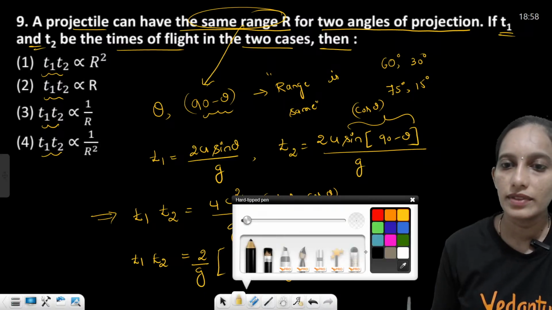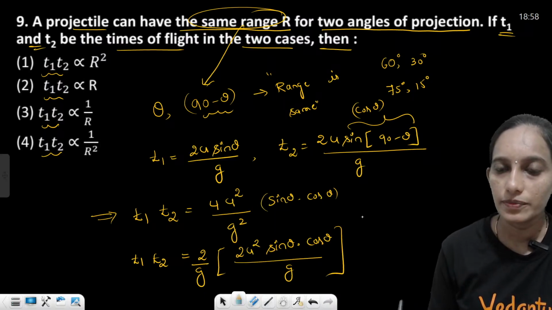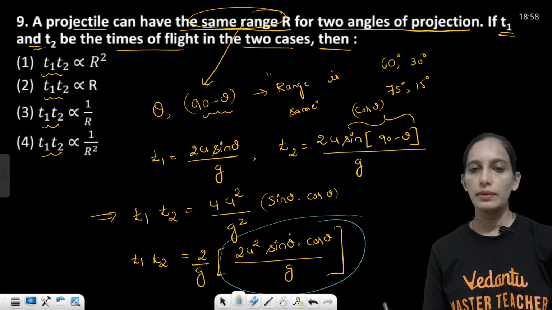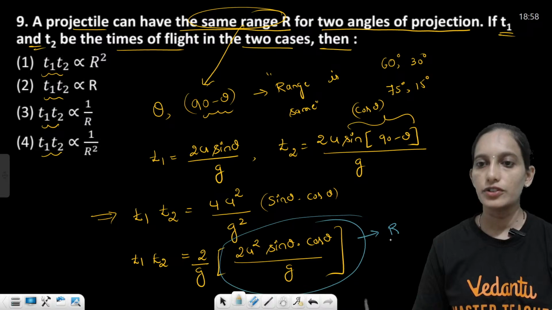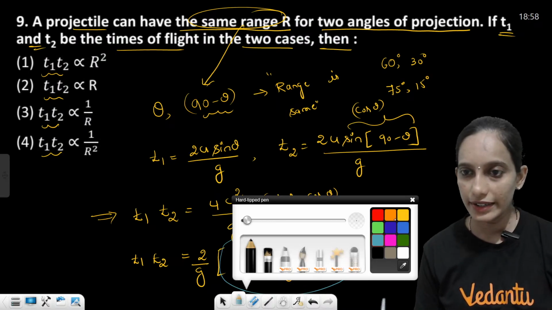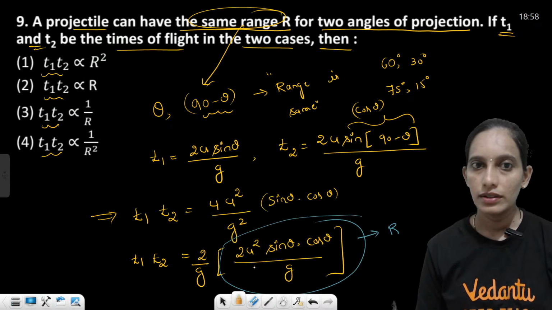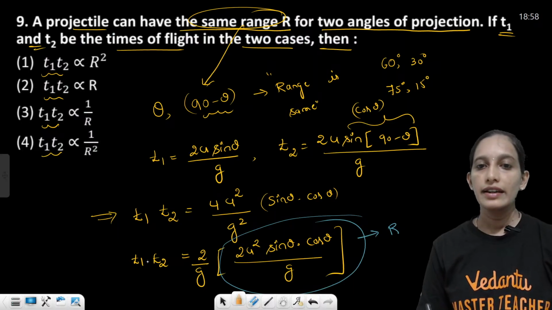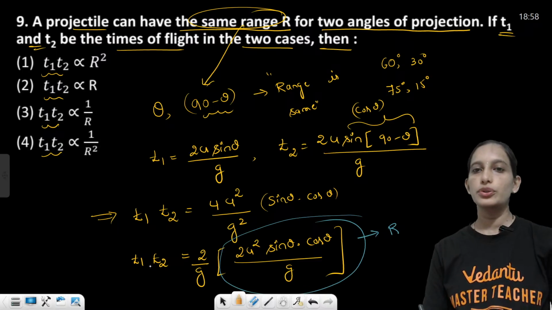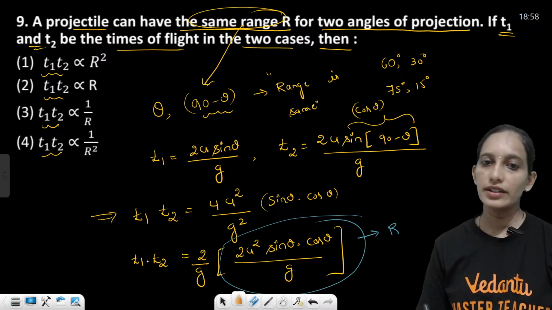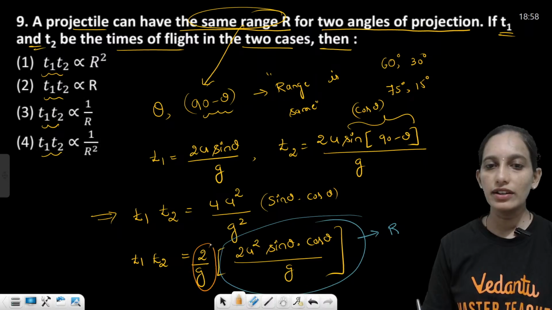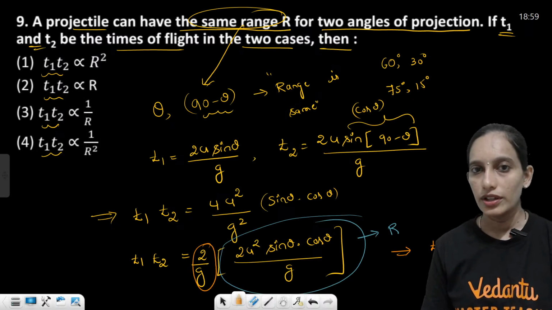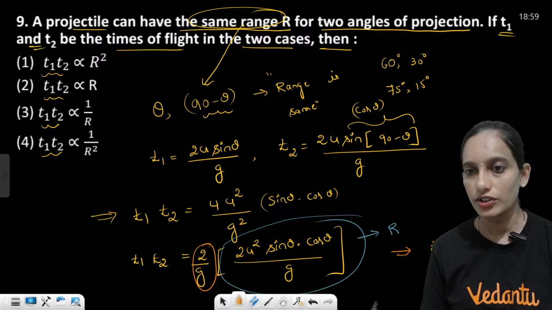But what is this whole thing? It is nothing but the range. Range is 2u square sin theta cos theta by g. So we can say t1 into t2 is directly proportional to the range. Do you agree? The 2 by g is anyway constant.